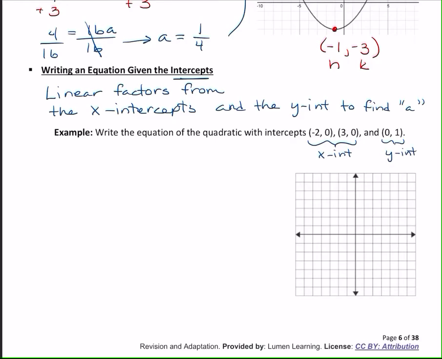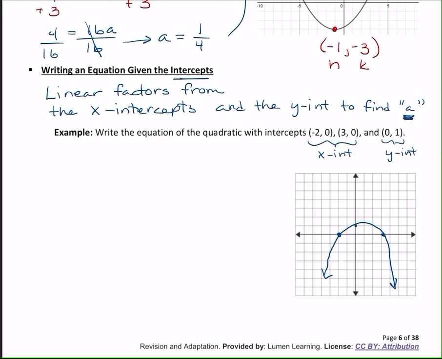If you put those on the graph, you'll notice that you've got (-2, 0), (3, 0), and (0, 1). So our parabola is going to do something like this. What that should tell you is that your A is going to be negative because it's flipped upside down. So if you work this out and get a positive A, you did something wrong.